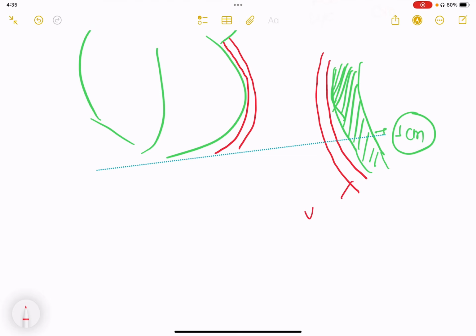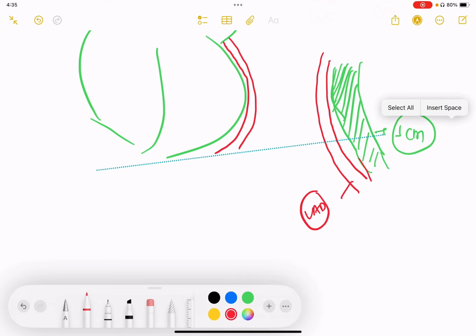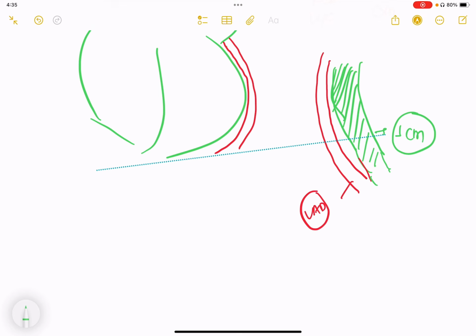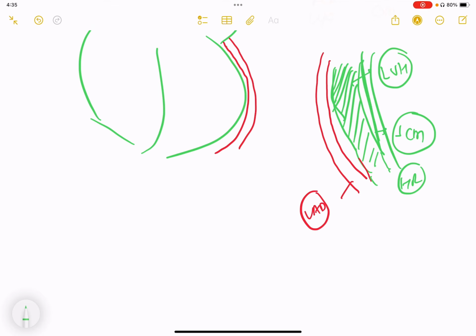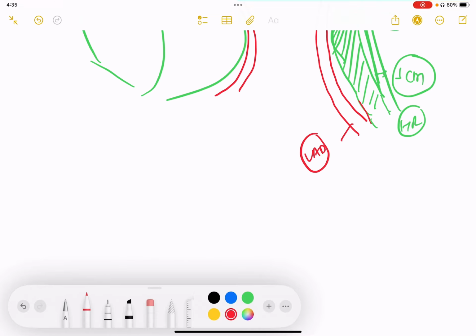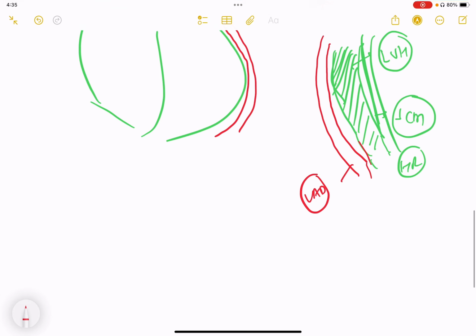So if this is the left anterior descending artery, it will be above this muscle. Even if the muscle hypertrophies, whatever the heart rate, or even if there is left ventricular hypertrophy and increased thickness, this left anterior descending artery remains separate from the muscle.